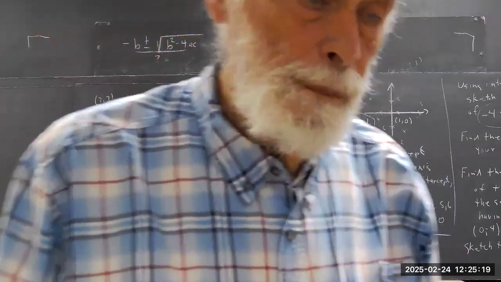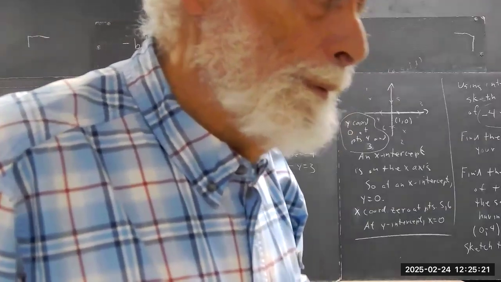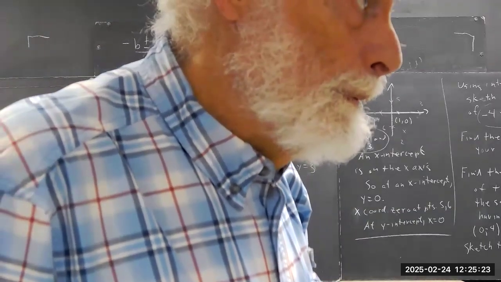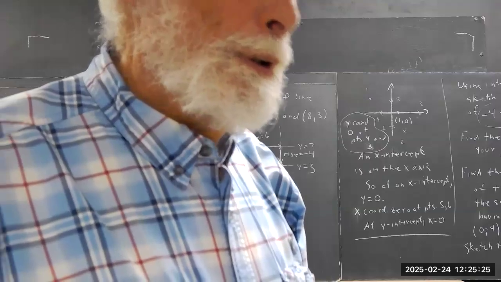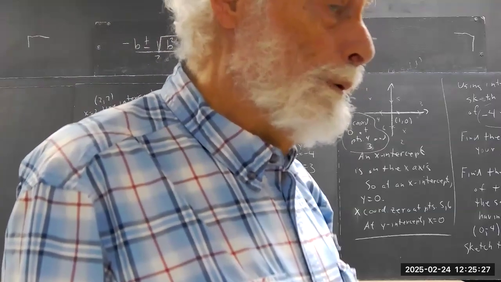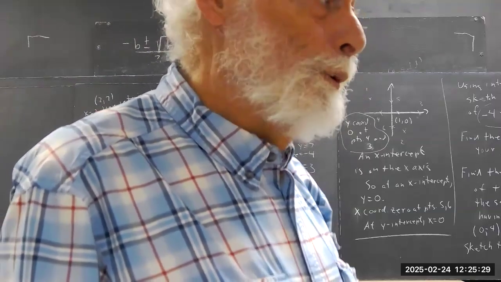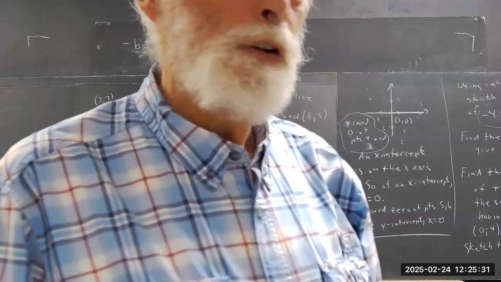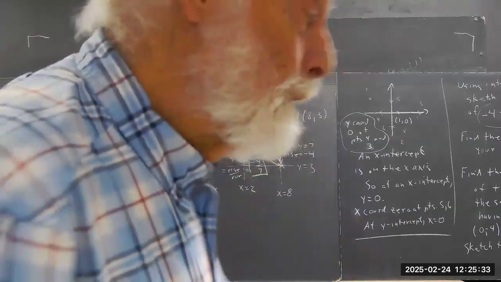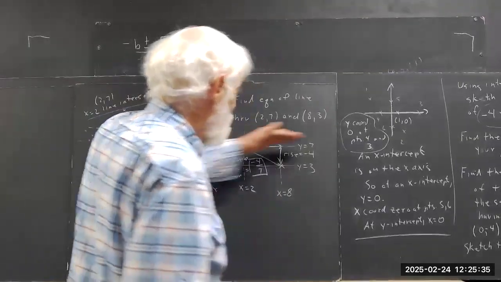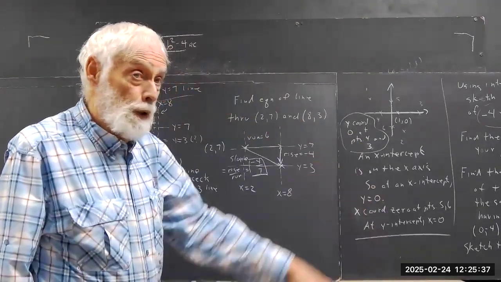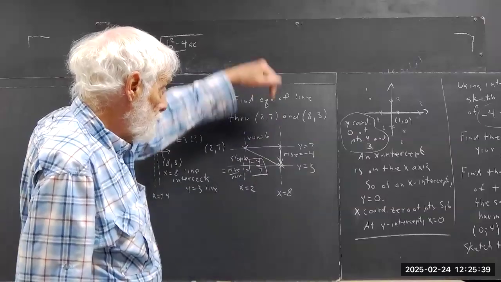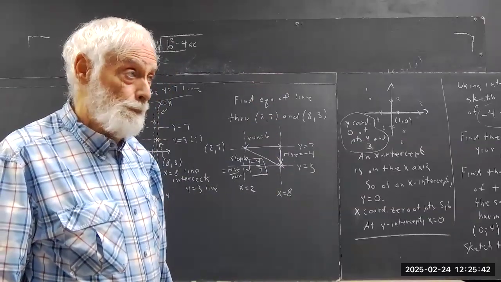You should always, if you're given 2 points and need to find the slope, sketch those 2 points. Don't even bother with a set of coordinate axes unless you really need to, and work on it until you don't need the coordinate axes, or you could just draw this picture with a line for y=7, a line for y=3, a line for x=2, a line for x=8.